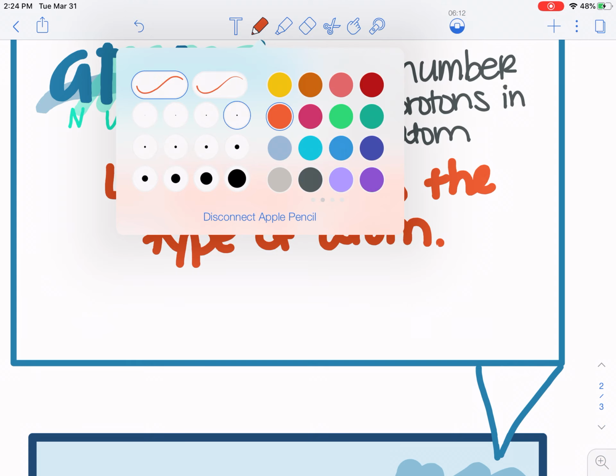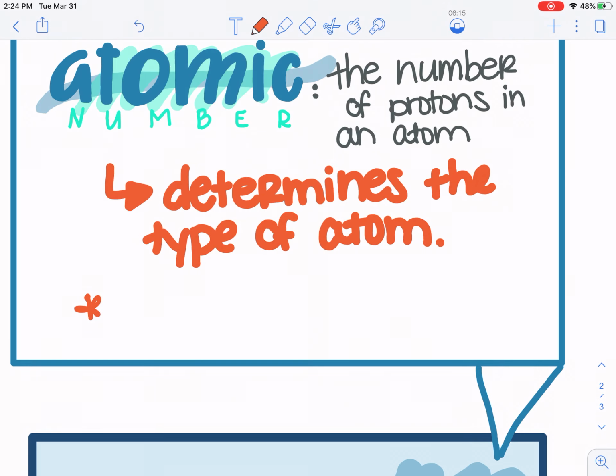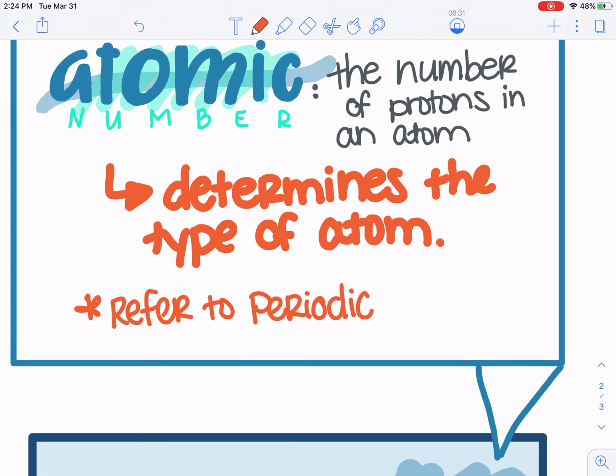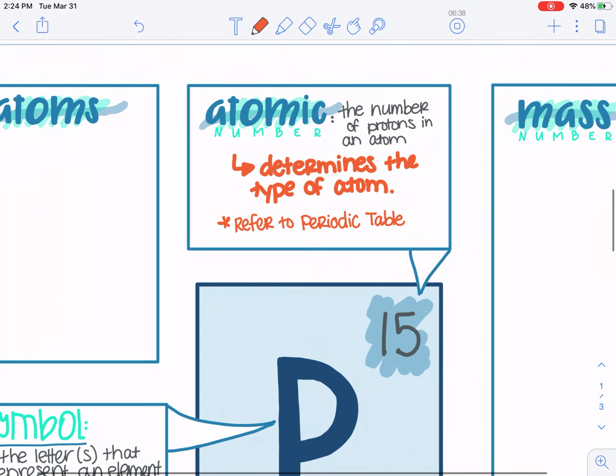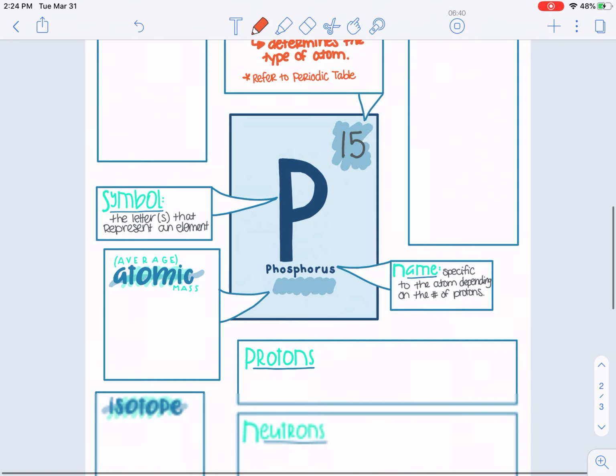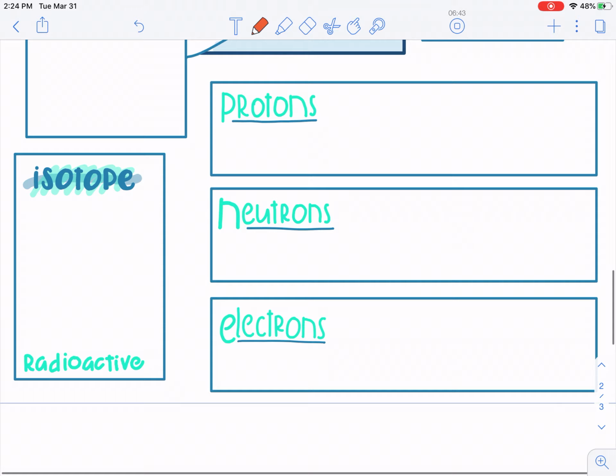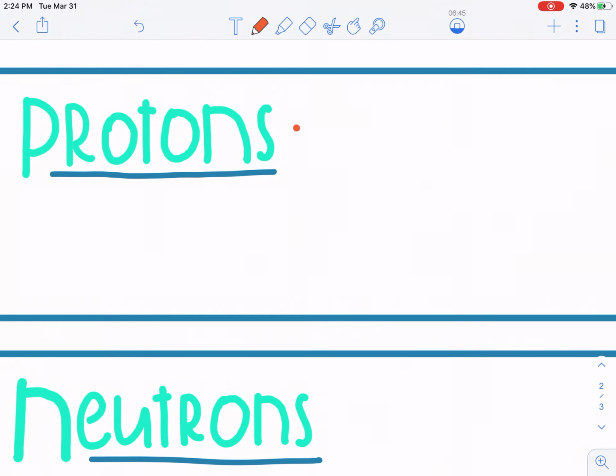And so we always need to refer to the periodic table to find out how many protons belong in each different element. So the atomic number is in each box of the periodic table. Protons. Atomic number is all about protons.